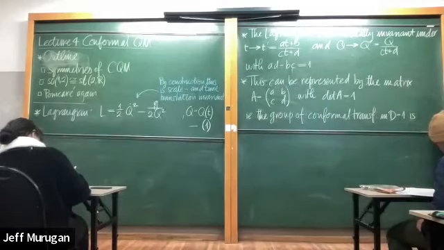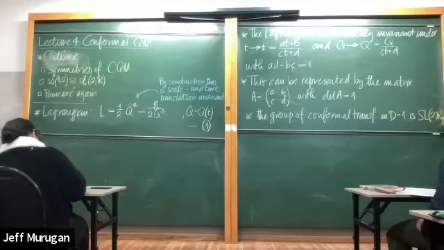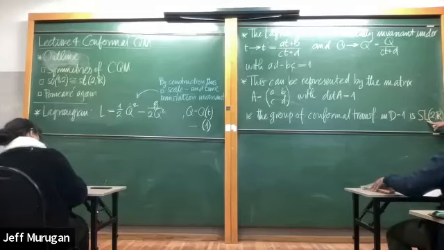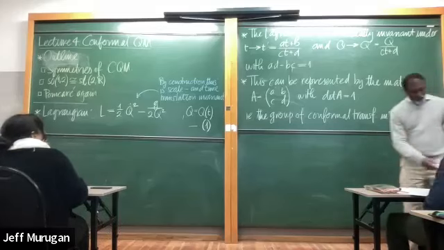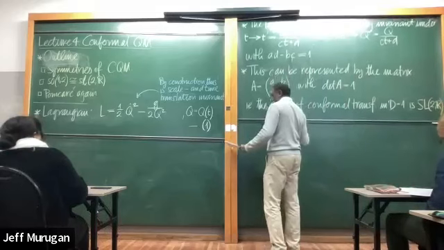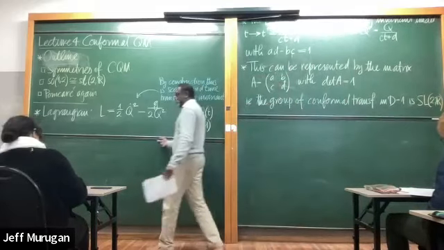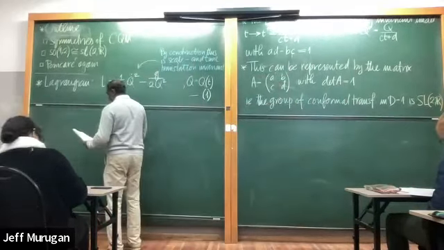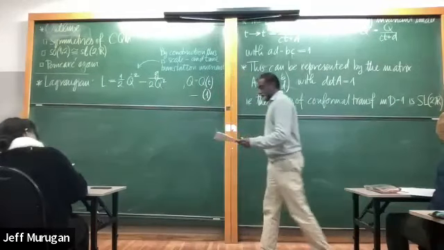It is the group SL(2,R). So the R here tells me that they're real entries of the matrices. The 2 here tells me that they're 2 by 2 matrices. The L here tells me that they're all linear maps. The S here tells me that the determinant is 1. Okay. And I'll let you do the next slide to show the action of the Lagrangian under SL(2,R) transformations.